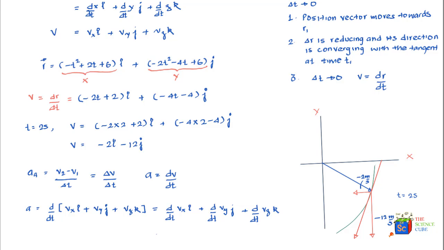And you would see that dVx upon dt is nothing but the component of acceleration in x direction. It can be written as this, plus likewise the component of acceleration in y direction and the component of acceleration in z direction. So this is your instantaneous acceleration.